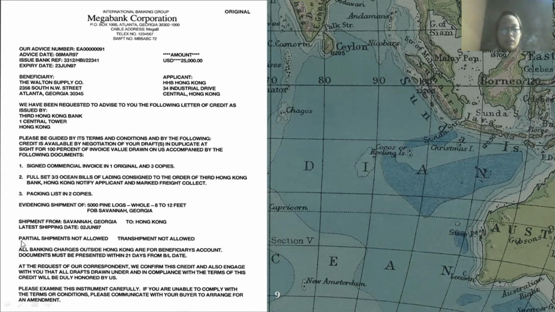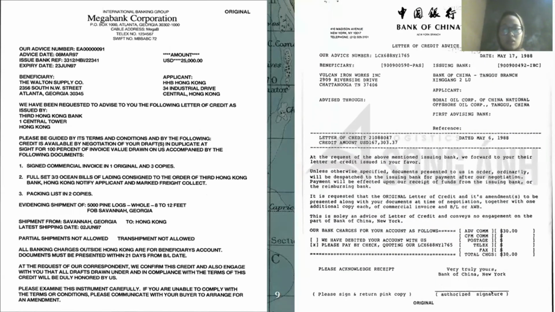In this part, partial shipments not allowed and planned shipment not allowed. In this document, there is no description of goods and quantity, and we don't know the type and nature of the LC opened.